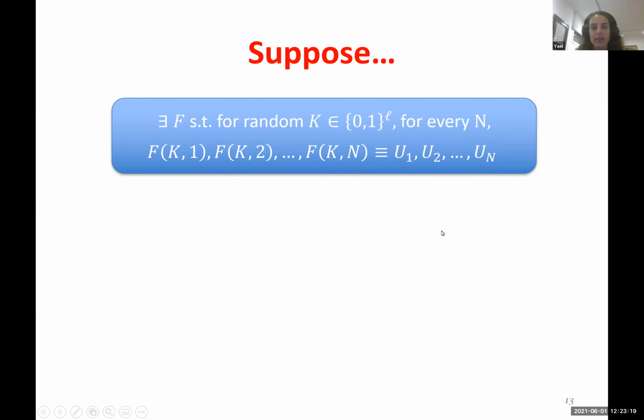So you feed it one random key, which is short, of size L, and it manages to output n random bits.